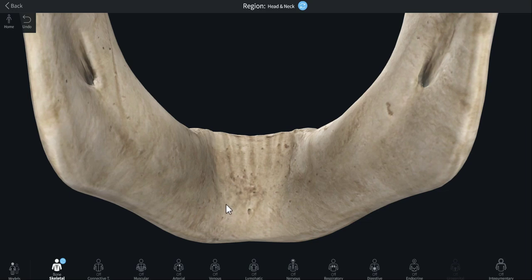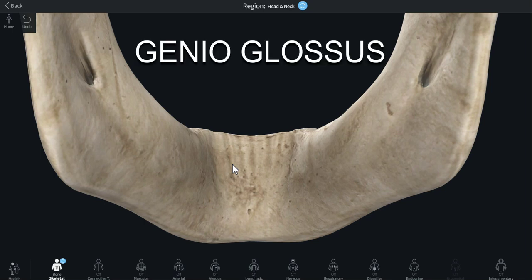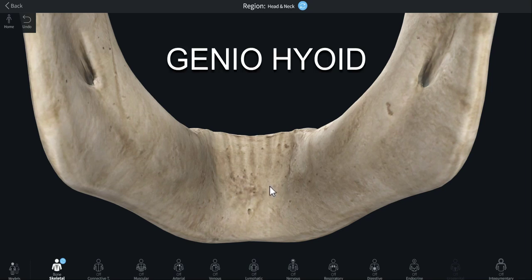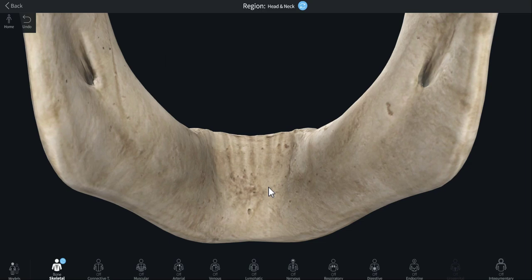The superior genial spines provide attachment to an important muscle known as genioglossus, whereas the inferior genial spines provide attachment to the geniohyoid muscle. So genioglossus and geniohyoid, and the spines are the superior genial spines and the inferior genial spines.